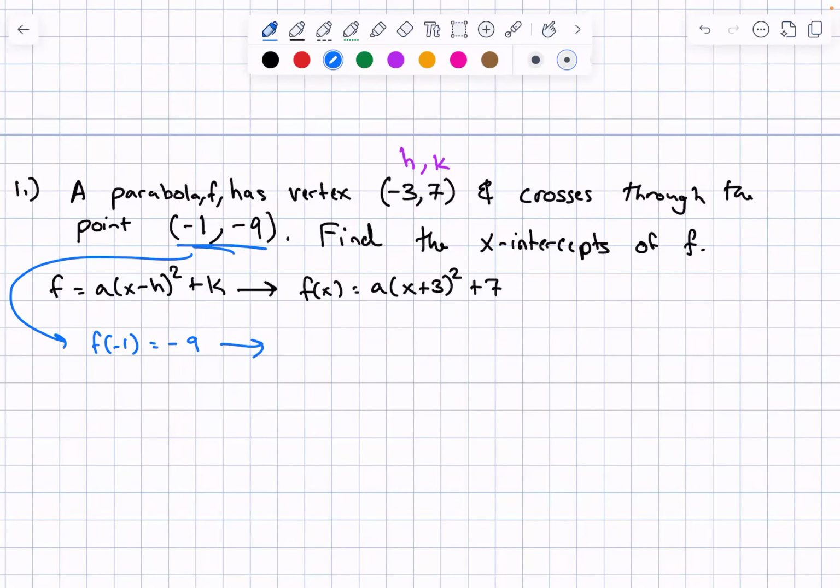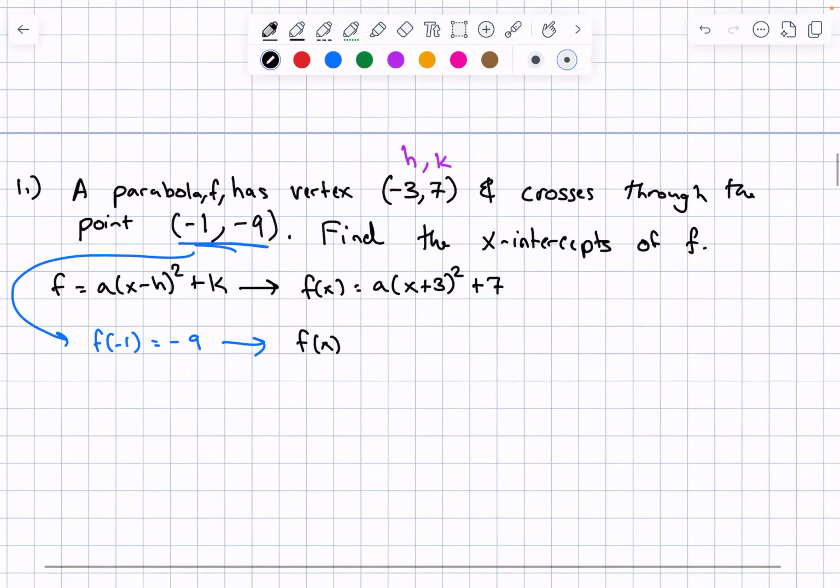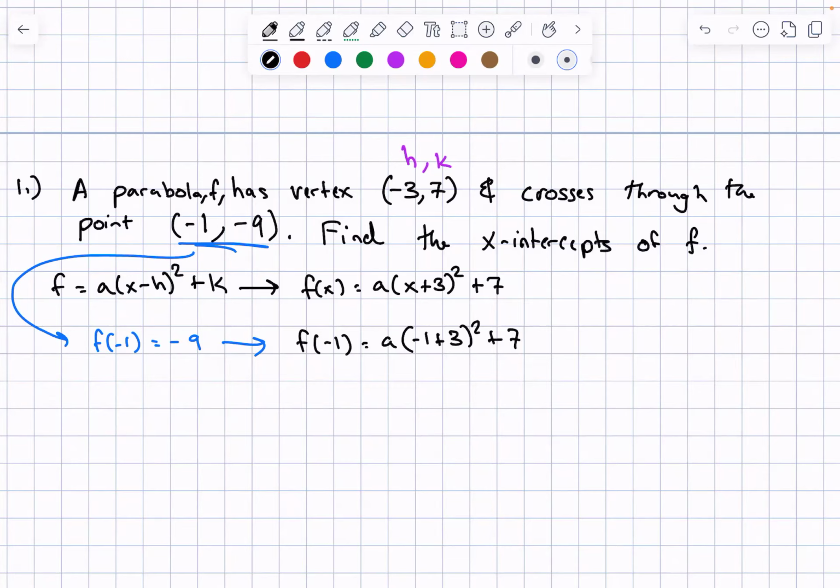So f of negative 1 is a times (negative 1 plus 3) squared plus 7, equal to negative 9. I can solve for a now, because this is 2, squared is 4, so it's 4a plus 7 equals negative 9. I subtract 7 from both sides, getting negative 16, and divide by 4, and I get that a is equal to negative 4.